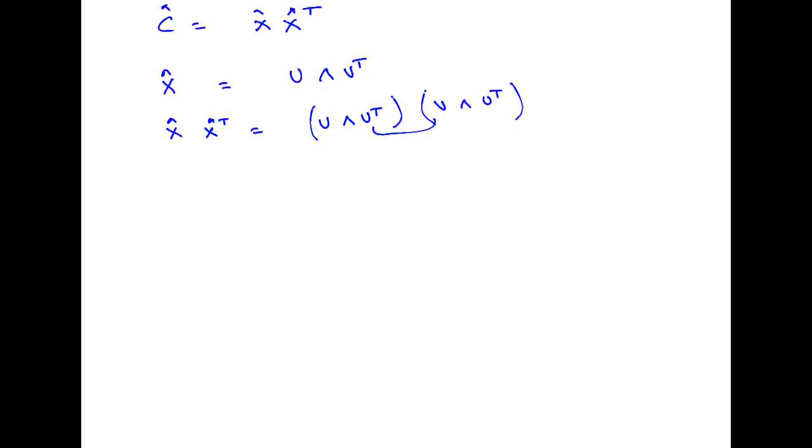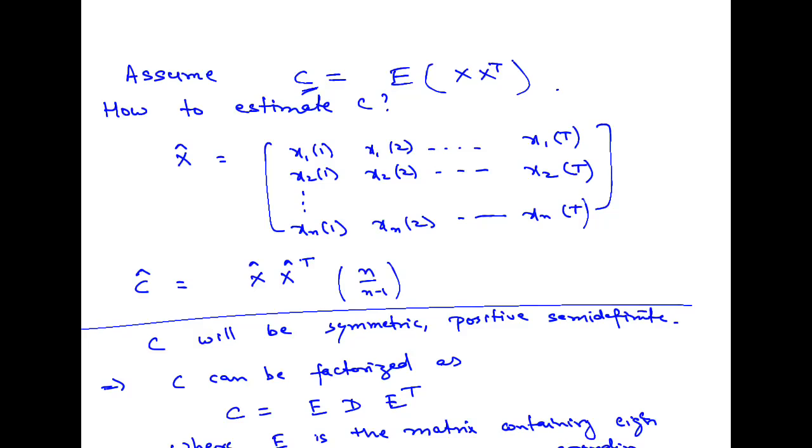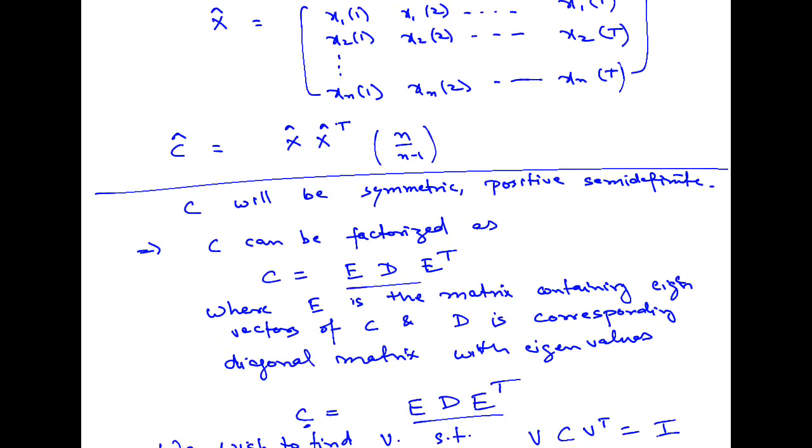So V transpose V cancels out, so this becomes U lambda squared U transpose. And here what we did to C, we factorized using eigenvalues, right? E D E transpose. So my U is essentially E, and lambda squared is D. Lambda is square root of D, right?